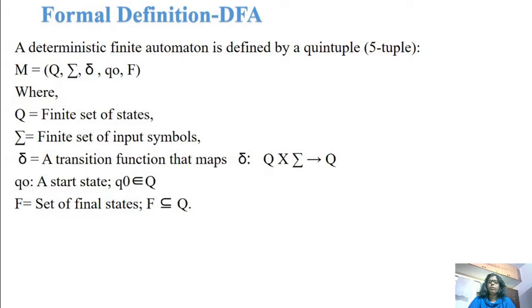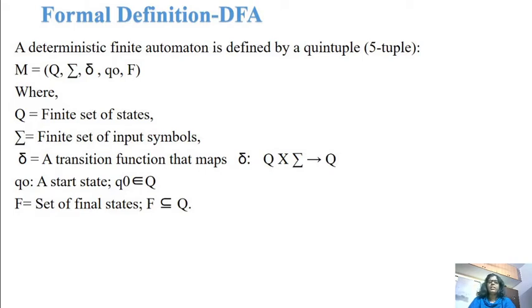This is the formal definition of automata. The deterministic finite automaton is defined by a quintuple, five tuples: Q, sigma, delta, Q naught and F. Q is the set of states, how many states are in that automaton. Sigma shows the input symbols, and delta is the transition function.